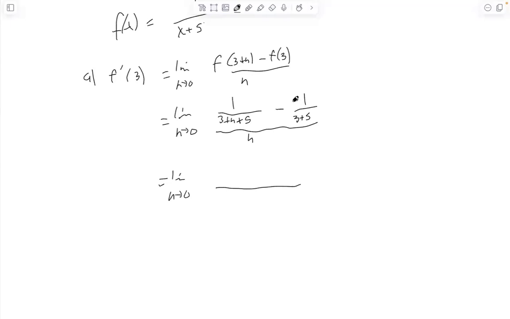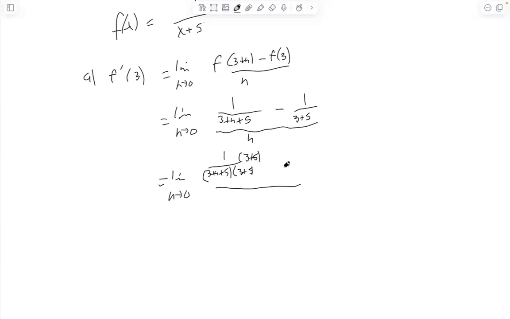What I need to do now is get a common denominator, and we get that by multiplying these denominators together. So we're going to multiply top and bottom of this guy by 3 plus 5, which I know is just 8, but I'm doing this the long way because in the next part, we're going to have to.